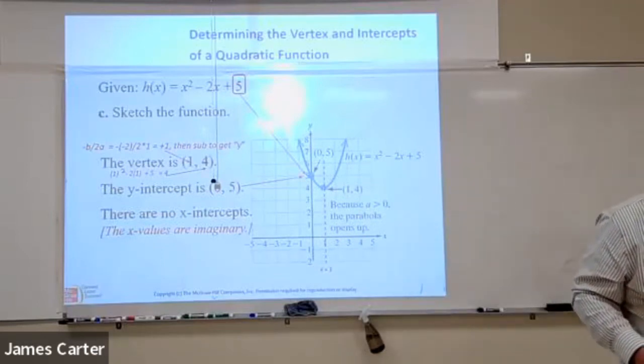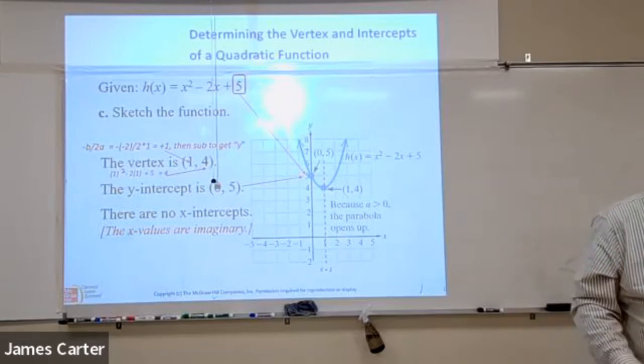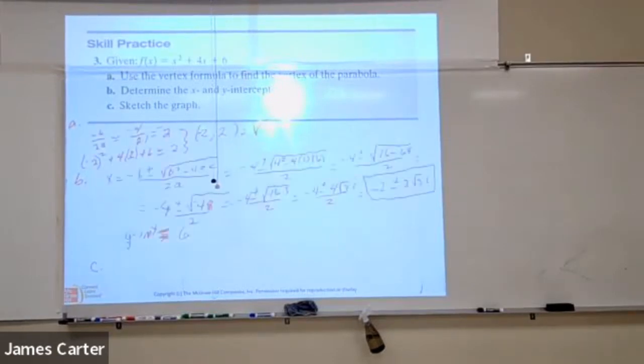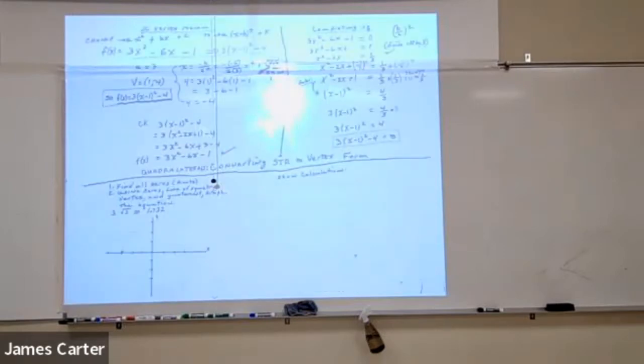So anytime you have imaginary, then the graph is completely above or completely below. Okay, now we're going to skip over that because that's too scrabbly. You got this handout in front of you. This is homework.